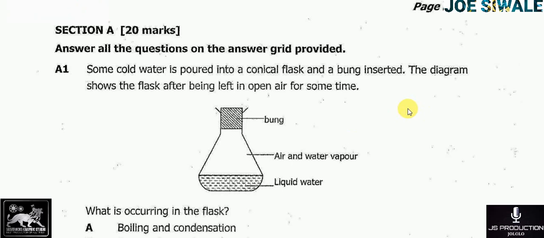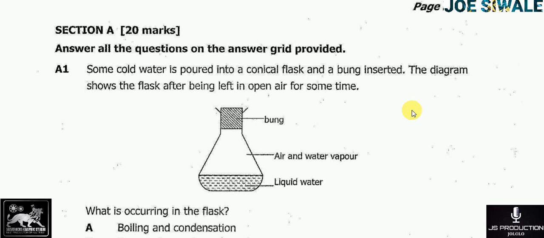Question 1 reads, some cold water is poured into a conical flask and a bung inserted. The diagram shows the flask after being left in open air for some time. As you can see, that's the diagram. In the diagram of the flask, I have air and water vapor, and liquid water in the conical flask.